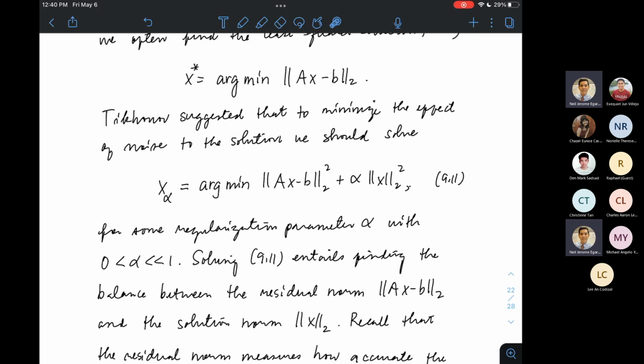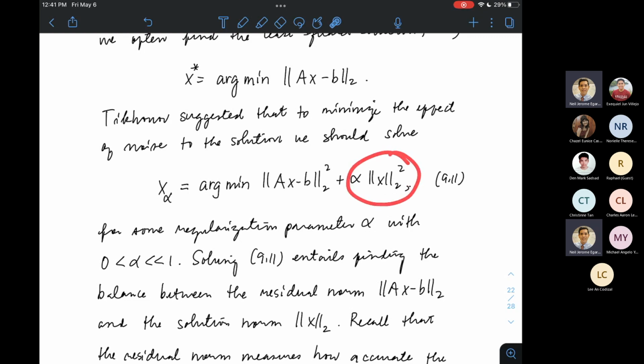Pero pwede tayong magbigay ng ilang breathing room o konting breathing room doon sa solution. Hindi natin kailangang makuha yung may pinakamaliit na L2 norm ng residual. Baka pwedeng pagaanin natin yung burden ng pagkakaroon ng napaka-accurate na result para ma-mitigate yung pagiging ill-conditioned ng matrix. And that's what this second term in the objective function represents.